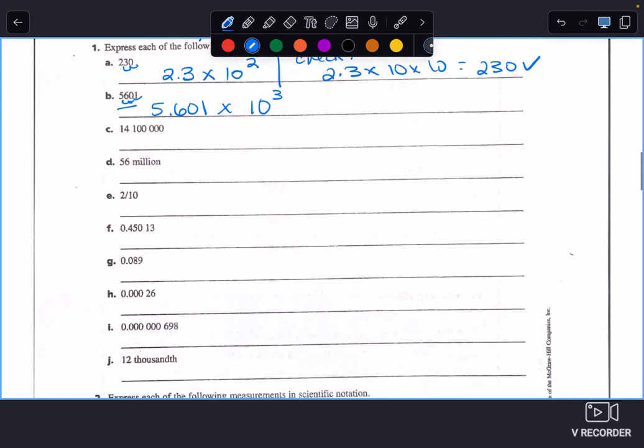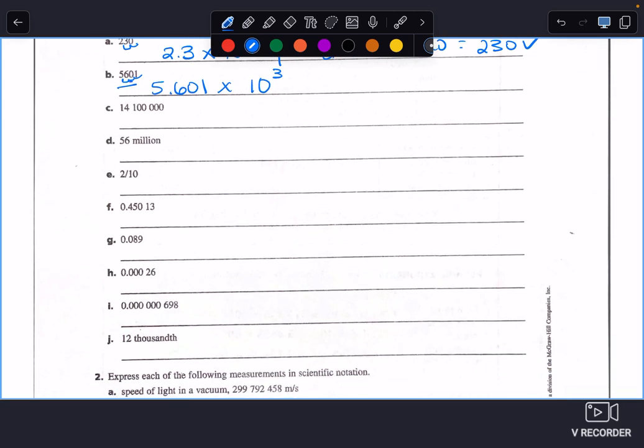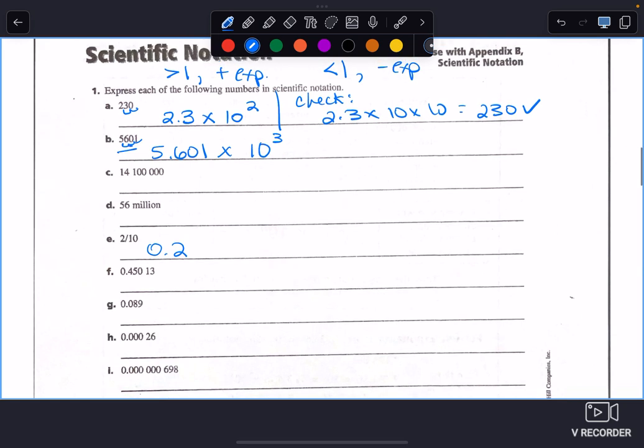Okay, let's go down to letter E. Letter E is 2/10, right? How do you write 2/10 as a decimal? 0.2. And in this, you have a number that's less than 1, so the exponent's going to be negative.